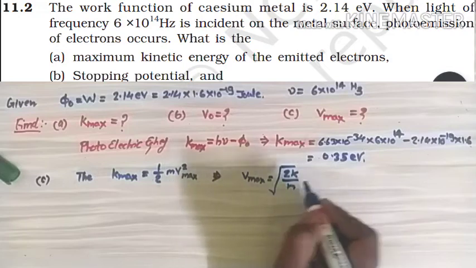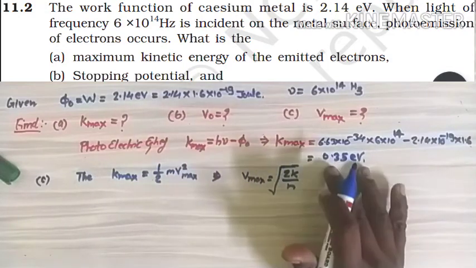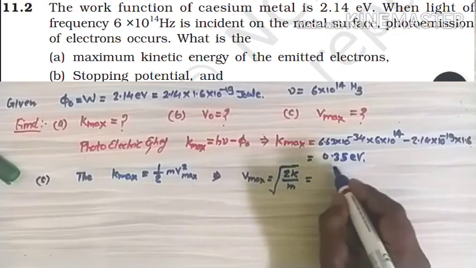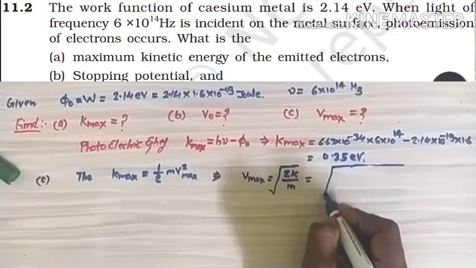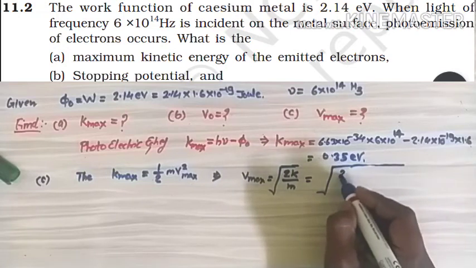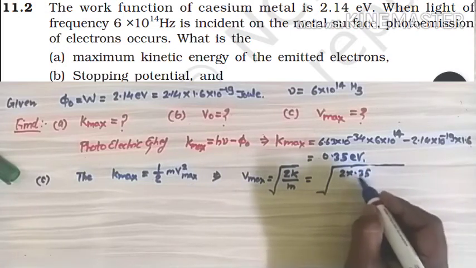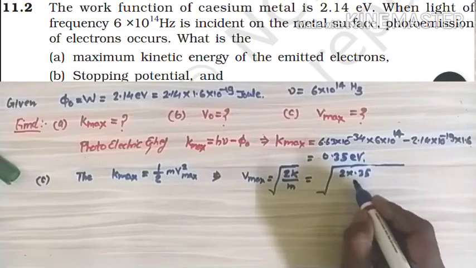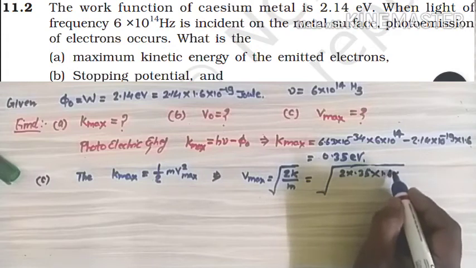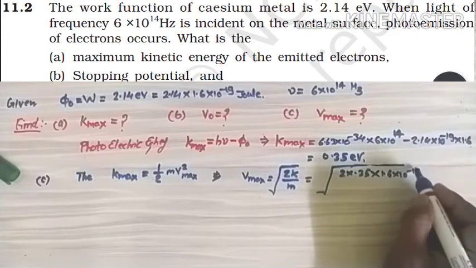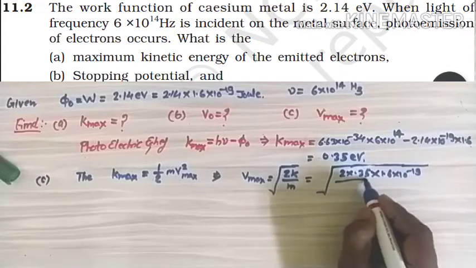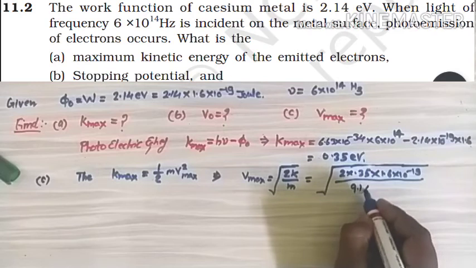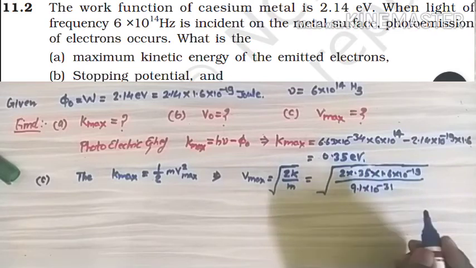Put the values: the value of m, the mass of the electron, you know. 2 × 0.35 electron volts, and you write 1.6 × 10 power minus 19, and m is the mass of the electron, 9.1 × 10 power minus 31 kg.